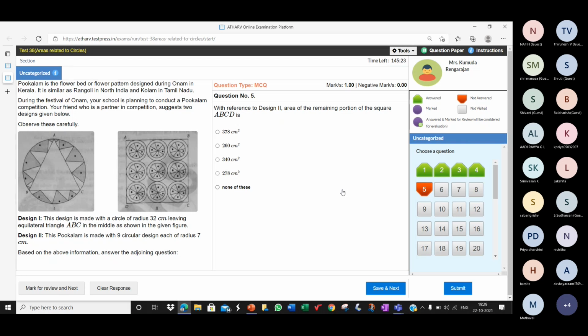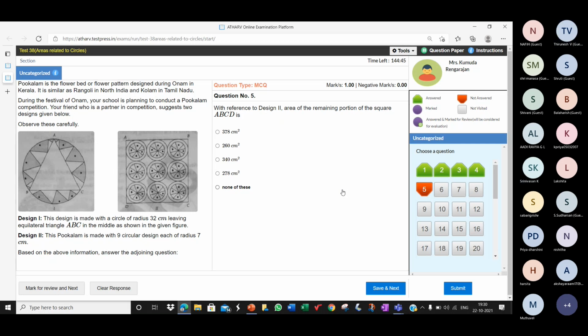Area of the remaining portion of the square ABCD is 378 centimeters square. So what is the area of the square? 1764 centimeters square.